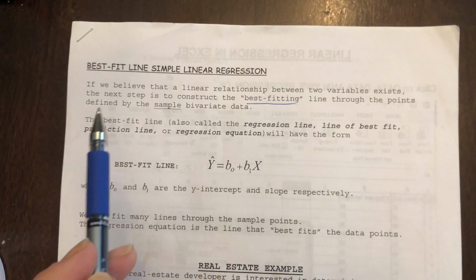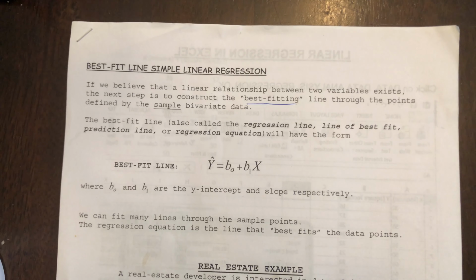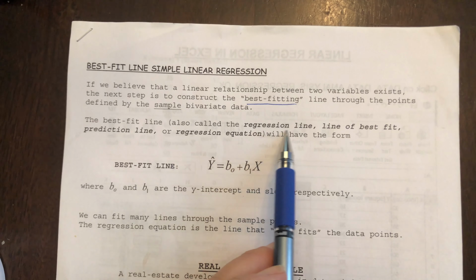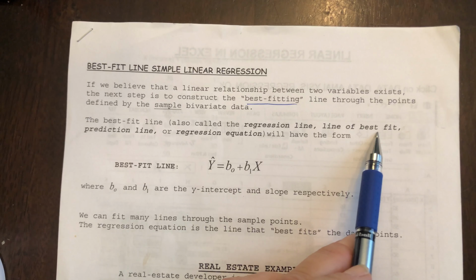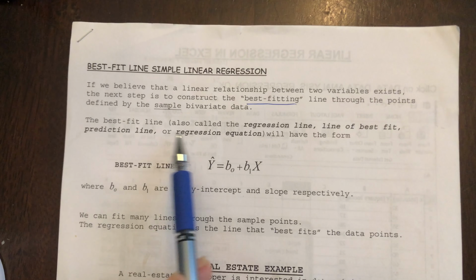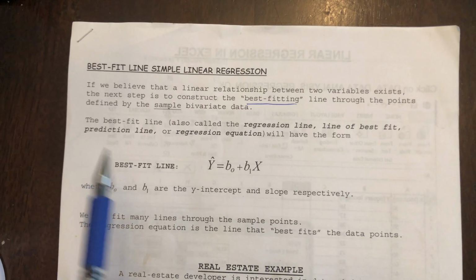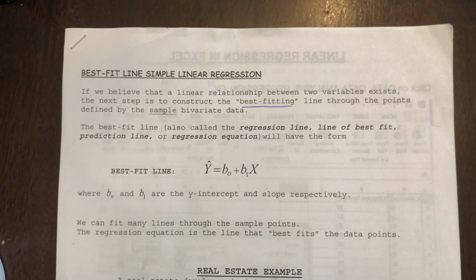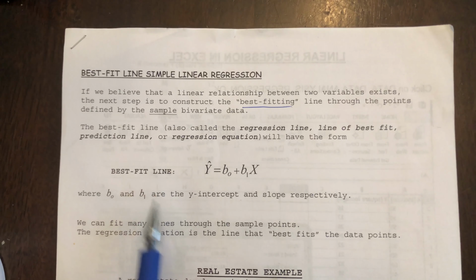The best fit line has many different names, and you should probably be familiar with all of them. The regression line, it's sometimes called the line of best fit. It's called the least squares line, but that is something we're not going to get to talk about. The regression equation, the prediction line, all of these are synonymous for the line of best fit that we're going to talk about.